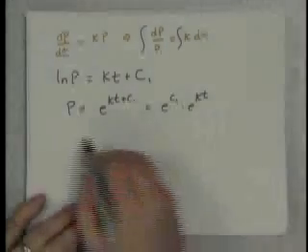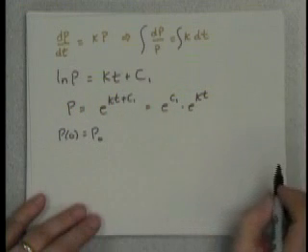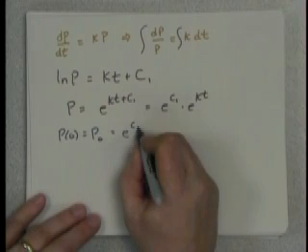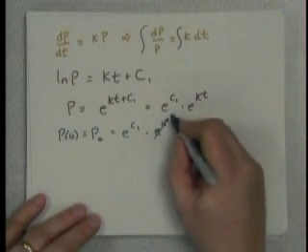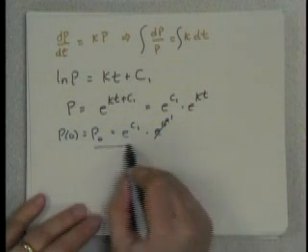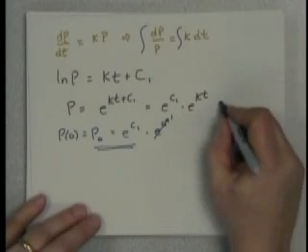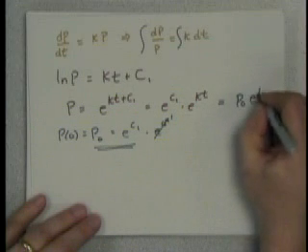Now, given the initial condition, P of 0, I want you to write P naught or P sub 0 for that, equals e to the C1 times e to the 0. But e to the 0 is 1, so P naught equals e to the C1. So that means P up here is going to be P naught e to the kt.